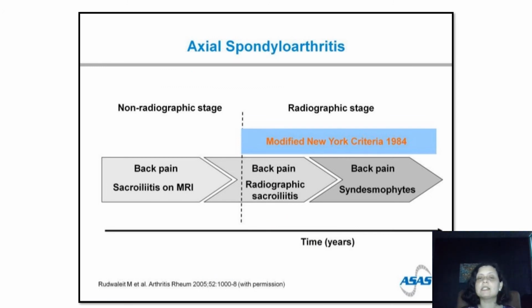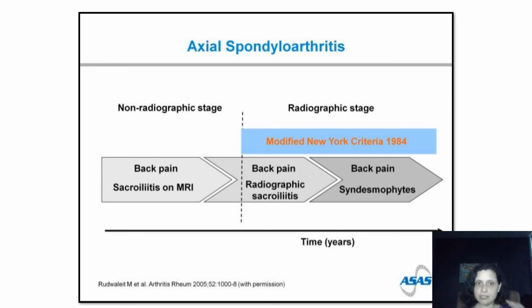Okay, so this is again to put things into perspective. So remember, the big umbrella is spondyloarthritis. You have axial spondyloarthritis, mainly affecting the SI joint, the back, and the hips, right? And then you have the peripheral spondyloarthritis, in which you have psoriatic arthritis, IBD associated arthritis, and reactive arthritis.